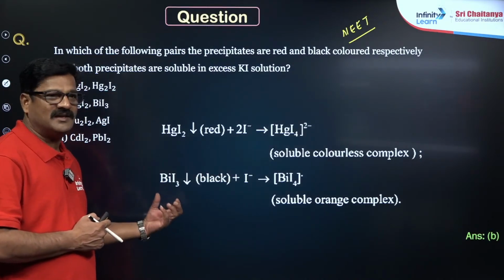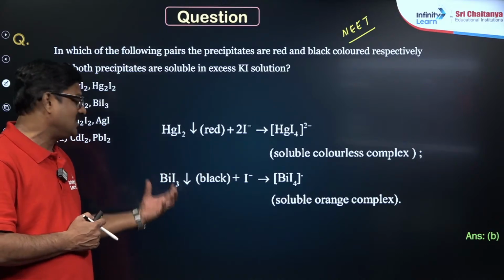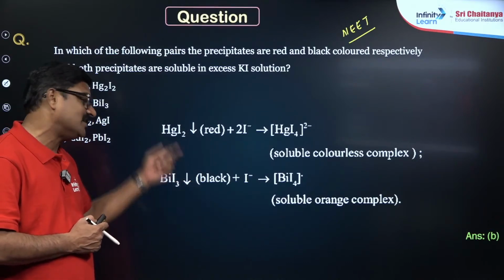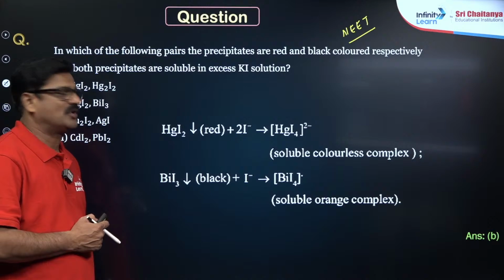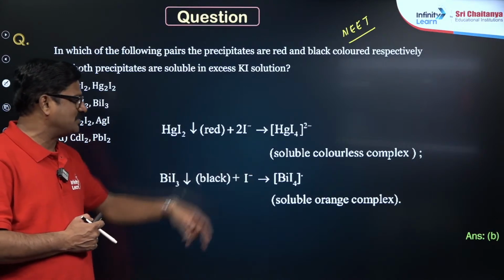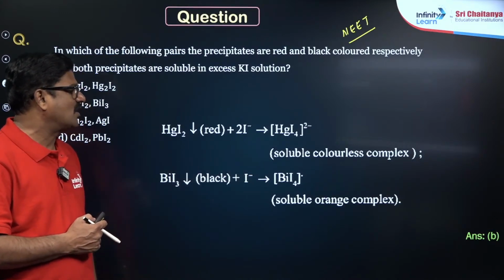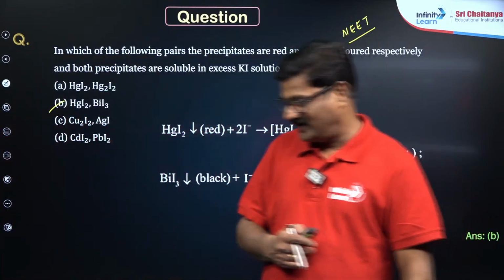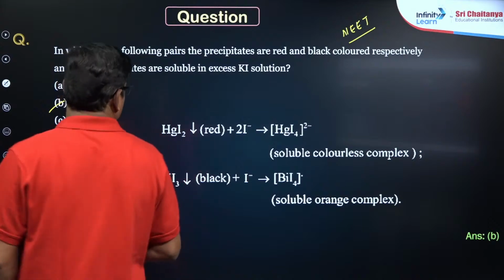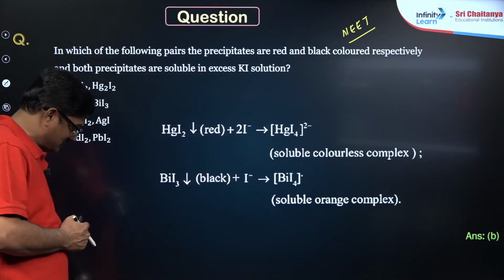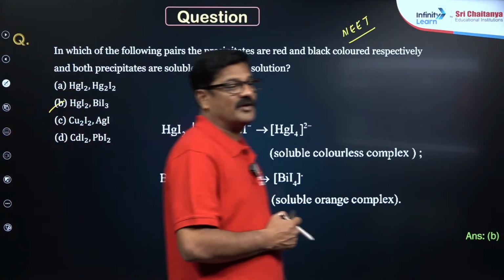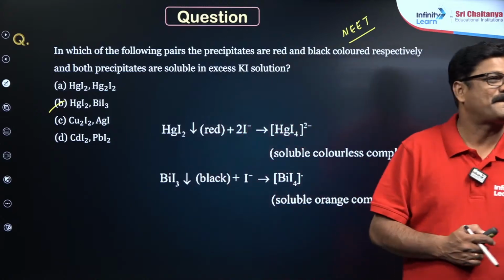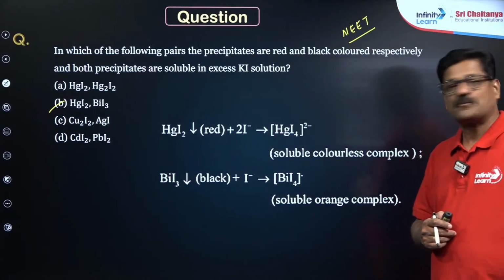And BiI3 is actually a black color precipitate. It is also soluble in potassium iodide. It gives BiI4 minus, soluble, but it is an orange color complex. So what kind of important questions we are discussing, my dear children. And और एक चीज है, perfect. Any doubt?